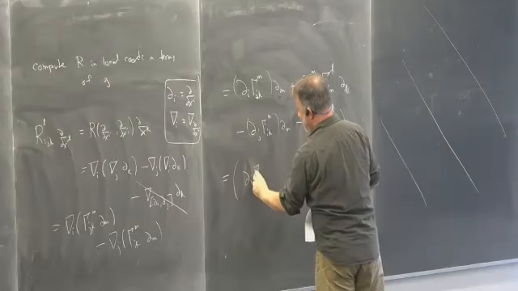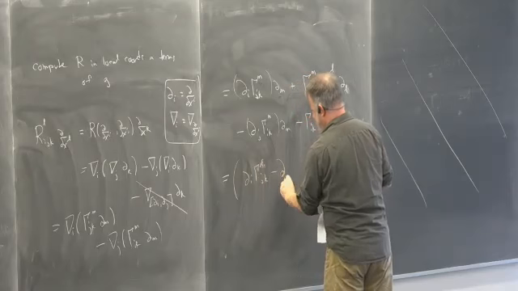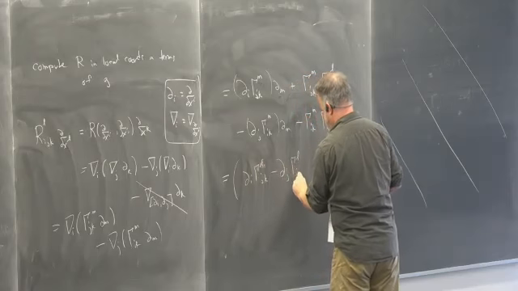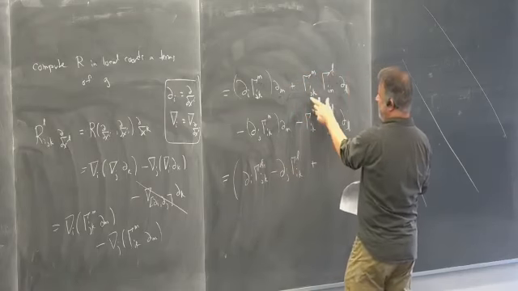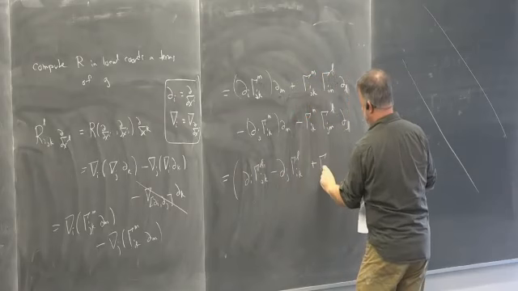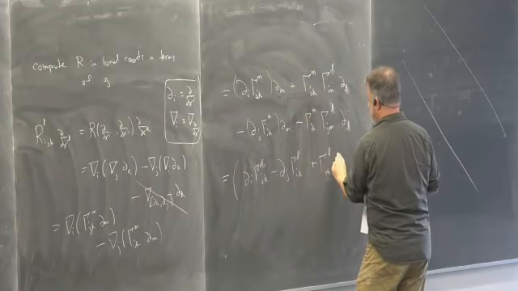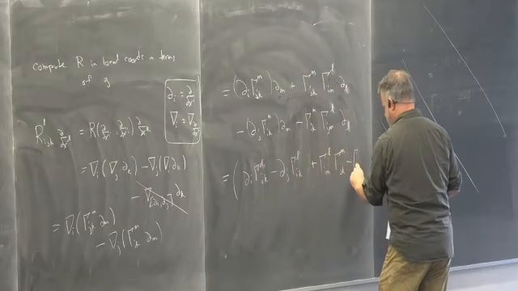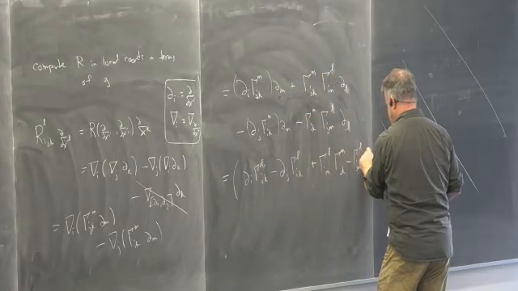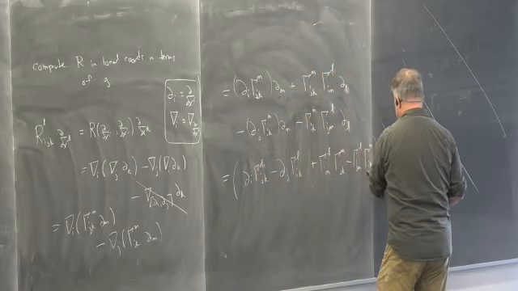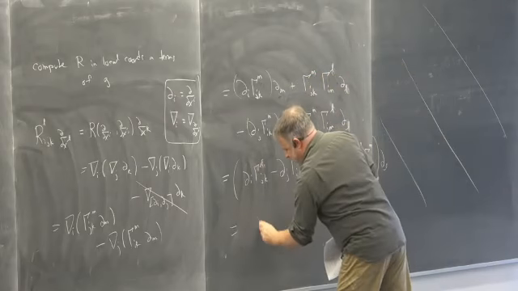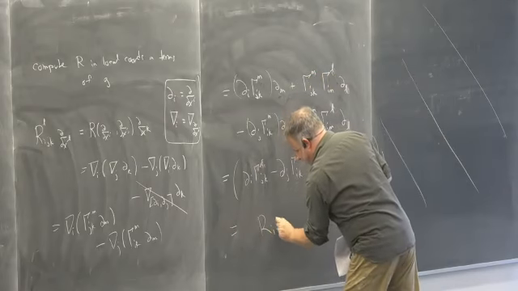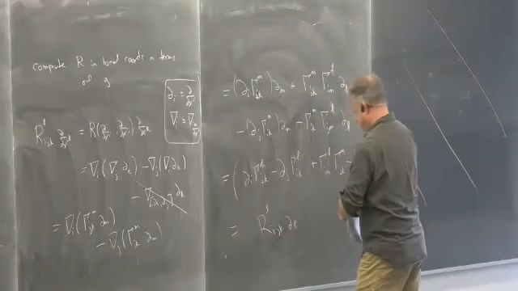I get partial i gamma l j k minus partial j gamma l i k plus, and these are just functions, I'm going to write them in the opposite order, gamma i m l gamma m j k minus gamma j m l gamma m i k, all of this times partial l. And remember, this had to be R i j k l partial l.